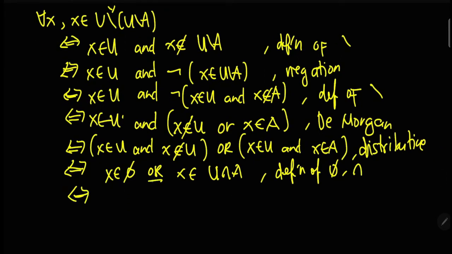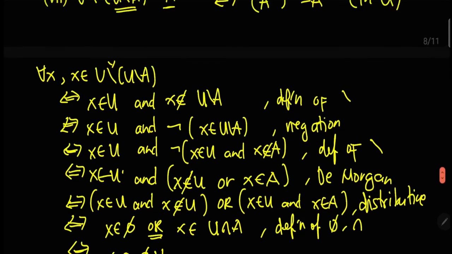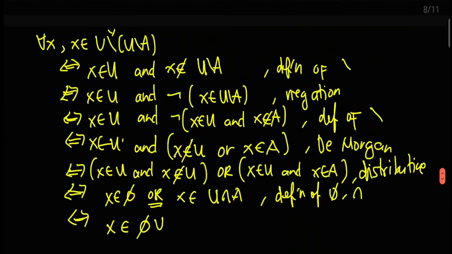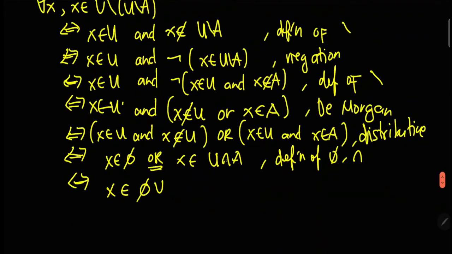Now this is OR, so that means X is in the empty set union. Now what is U intersection A? Remember, from our given, U is a universal set, meaning it contains A. So if A is inside U, then by the property of intersection, U intersection A is A, the smaller set, right?